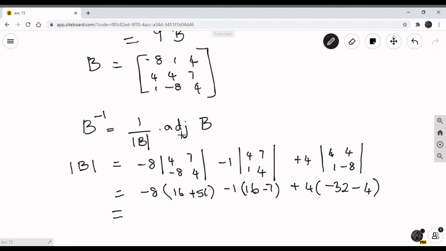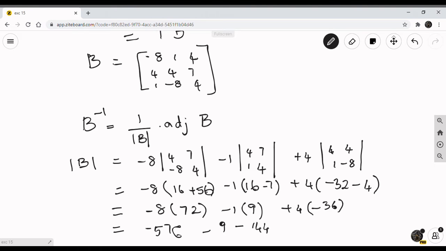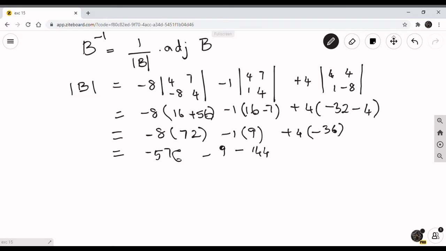Now remove all the brackets, add and subtract all the numbers according to the symbols. That is minus 729. So this is the determinant value. Though we do many lines, in the final line you mention what it is, so it will be very clear for the people who are correcting the paper.